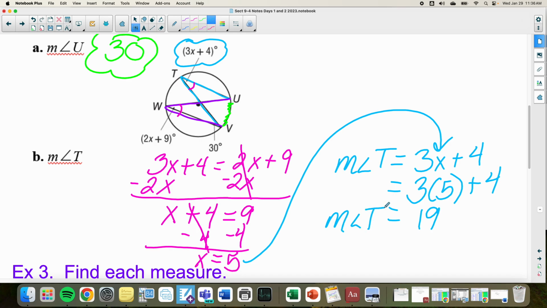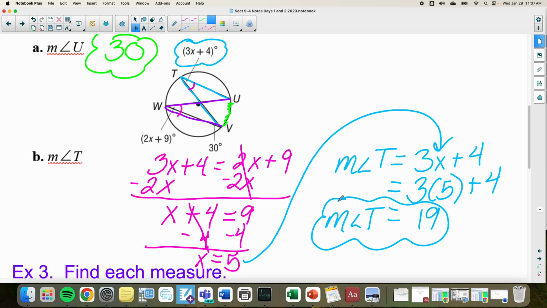Is there a way on the test that you could check your answer if you wanted to? What could you do? Yeah, put 19 into this one and go 2 times 19 is 38, 38 plus 9 is, oh wait. Well, angle T and angle W are the same, so did I do this wrong?